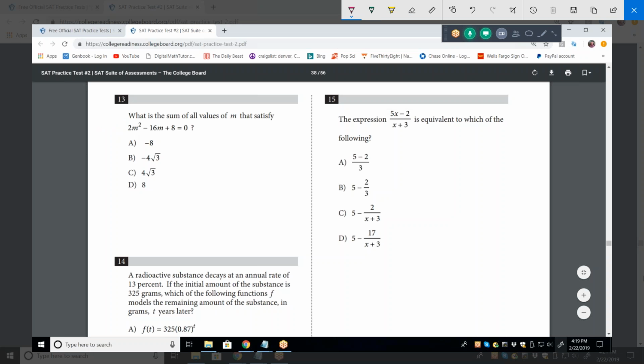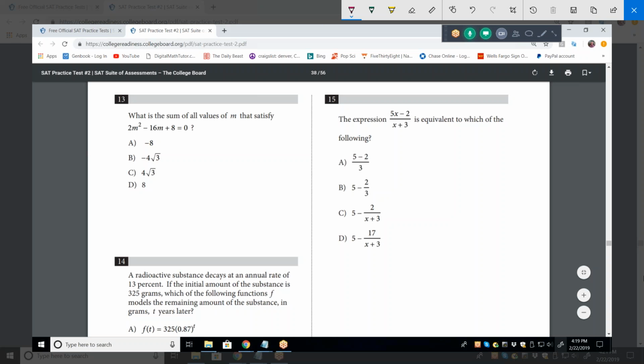Yeah. What's another way to do this problem? So I tried to factor it, but I saw that it didn't factor, so you can use the quadratic formula. Okay. Hold on 1 minute. You're right. It does not factor.